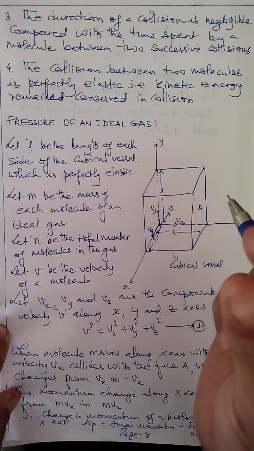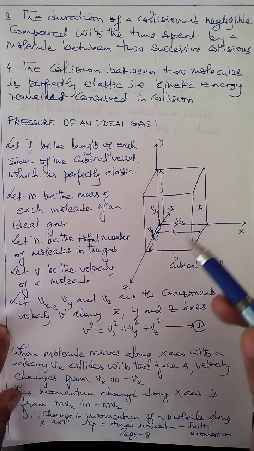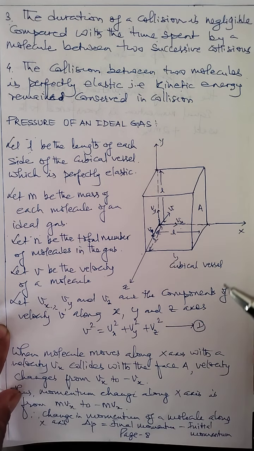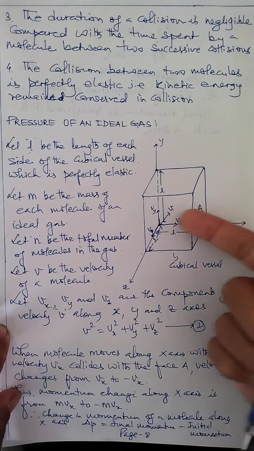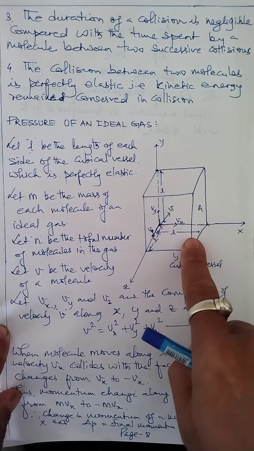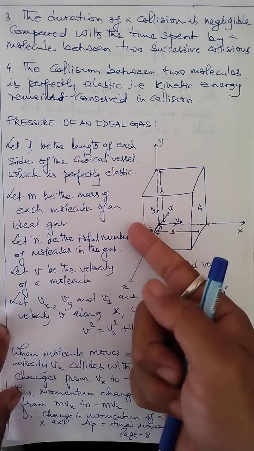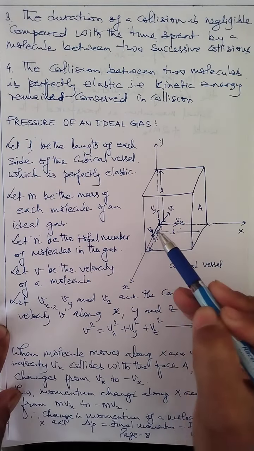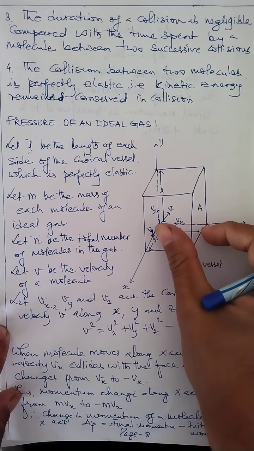That means a molecule covers a certain distance when it has two successive collisions with this face. First collision, it rebounds back, collides with that face, and again comes and collides with this face. So just look at it. After collision with this face, it will go this side. How much distance will it cover? L. And again it will come and collide, how much distance will it cover?